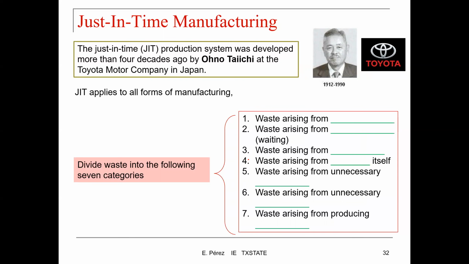So the first type of waste is the waste arising from overproduction. When you think about waste, you think about something that needs to be thrown out. In this case, it is waste in terms of something that is not generating a benefit for the company.